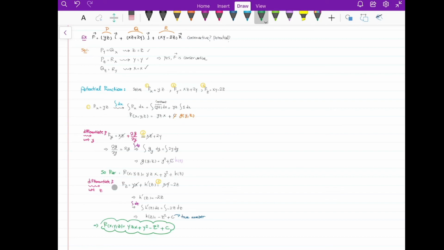Then take the derivative with respect to the third variable, and then you find the constant as a number, put everything together, you find a potential function.